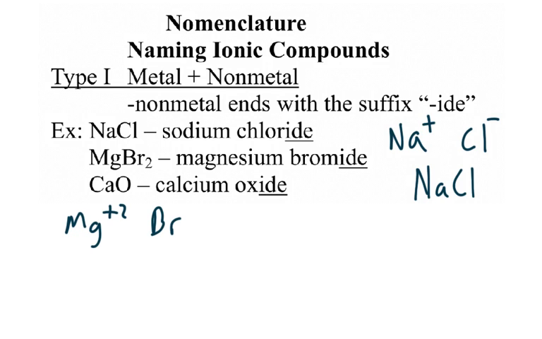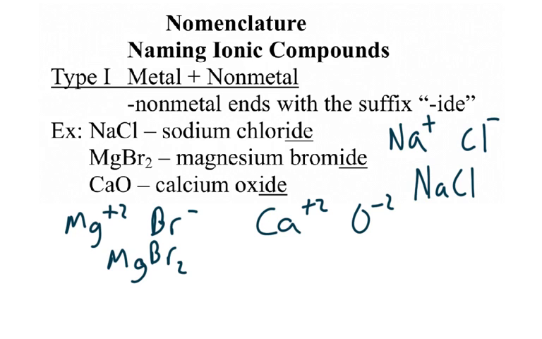Bromine is a -1 charge, and when this gets crisscrossed, that's how you get the MgBr2 formula. And then with calcium oxide, if you recall, calcium is +2, oxygen is -2. When these get crisscrossed, the 2's end up canceling, they reduce, and you end up getting CaO.